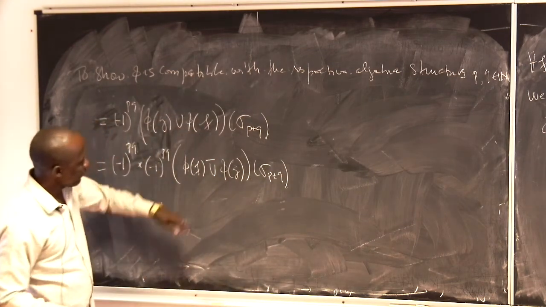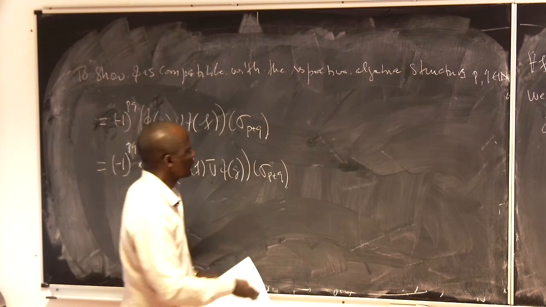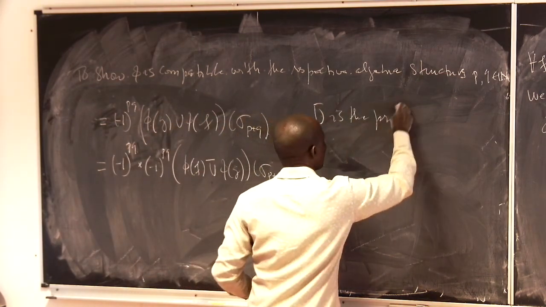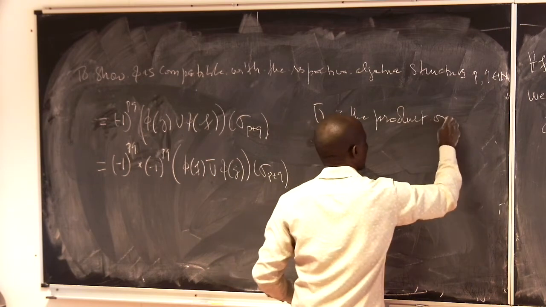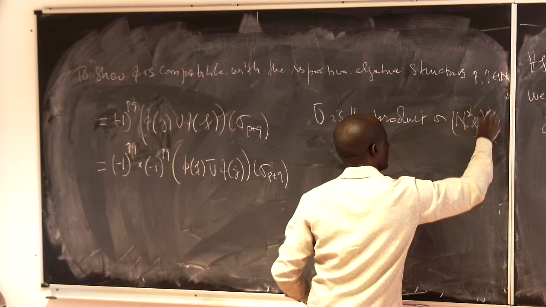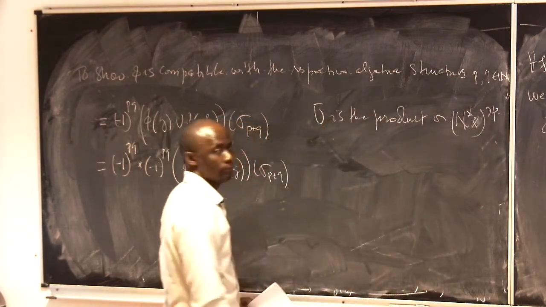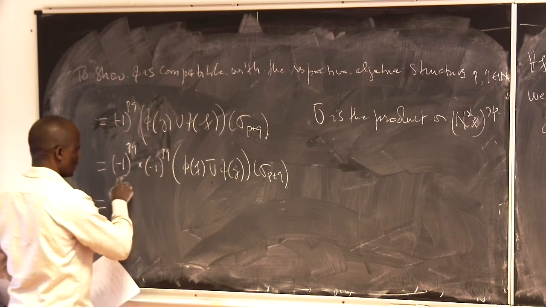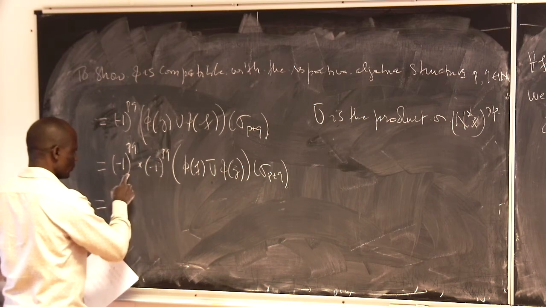The cop bar here is just the product on the opposite algebra here. So this is this, and this product here is just 1.